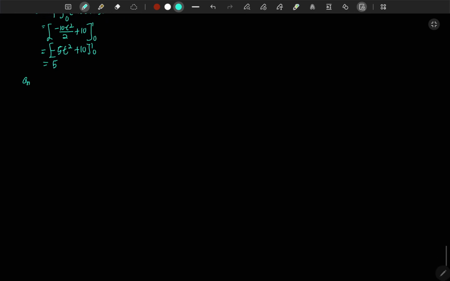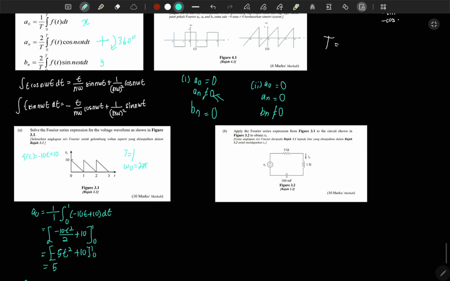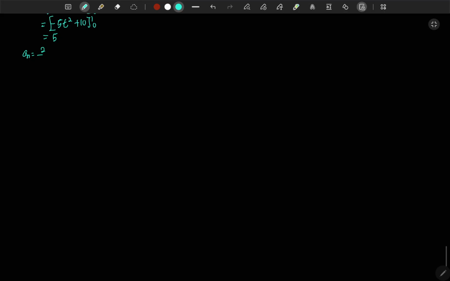Now let us do an. As said, an's formula is this. I'm not going to write it back. So 2 over t, which is 1, times our function, then cos 2 pi n t dt. Now if you look closely, I'm going to write it back so I can explain it further. These are two functions, so you can make it as two integrations, with the plus here and the plus here.